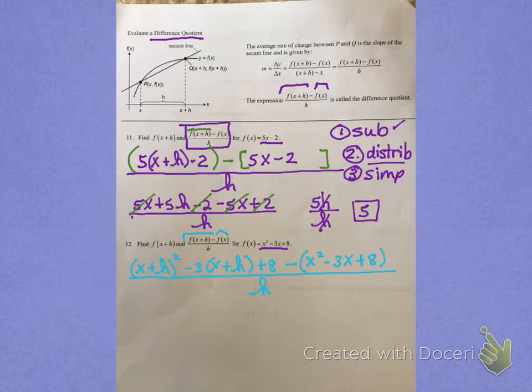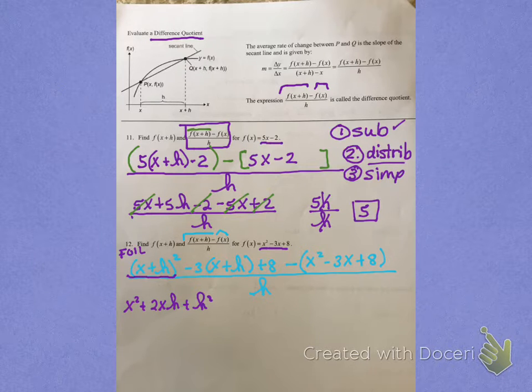I need to do my distribution. Well, this is the square. You can either FOIL or you can use our shortcut we've been working on. And that becomes x squared plus 2xh plus h squared, and that's this piece right here.